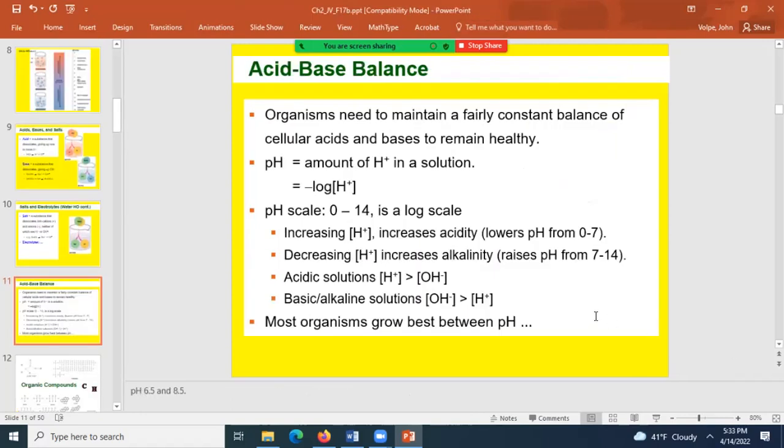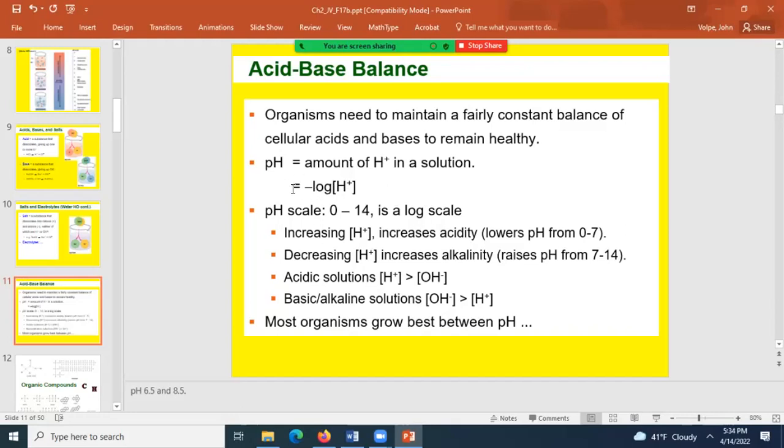Okay, organisms need to maintain a fairly constant balance of their cellular acids and bases to remain healthy. And as I stated, the pH is a measure of the H+ ions in solution. Actually, exactly, the measurement of pH is equal to the negative log of the hydrogen ion concentration.